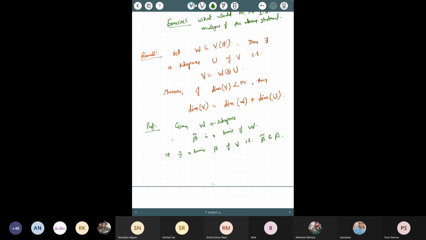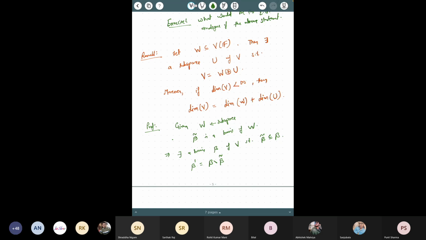Now what he's saying is let us call this new set B dash, which is equal to B minus B tilde. That means you just take only those vectors which are there in B but not in B tilde and call this set B dash.